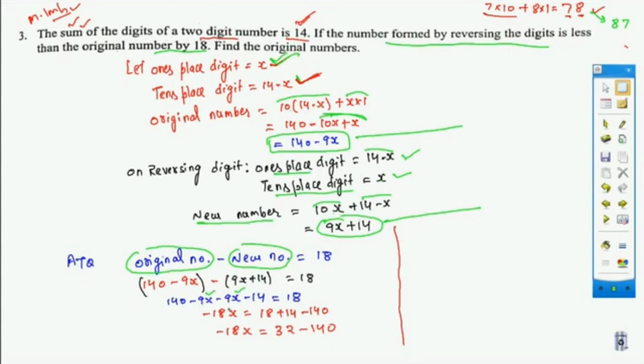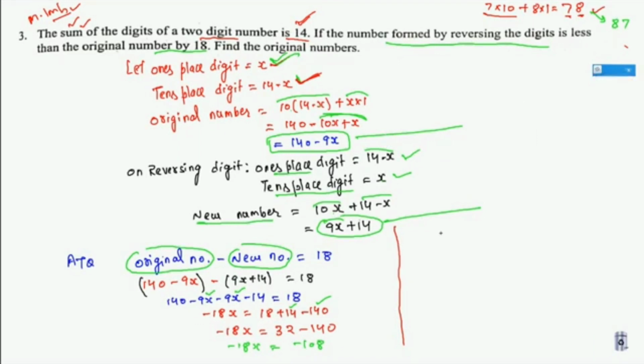Now we will solve: 140 minus 9x, this is minus 9x minus 9x, and minus plus minus 14, is equal to 18. We will solve it. Minus 9x minus 9x is minus 18x. So minus 18x is equal to minus 108.